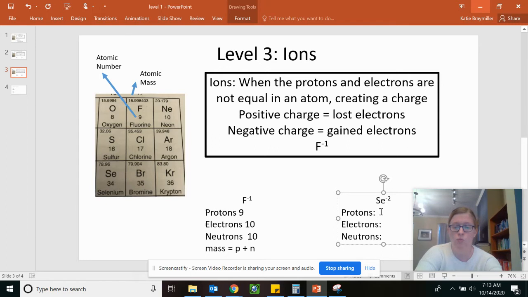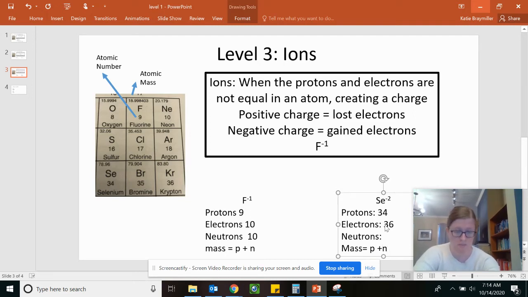For selenium, we should know that the protons are 34 because that's the atomic number. The electrons would usually be 34, but it's -2, which means it gained 2. So instead of being 34, it's now 36. For my neutrons, remember, mass equals protons plus neutrons.